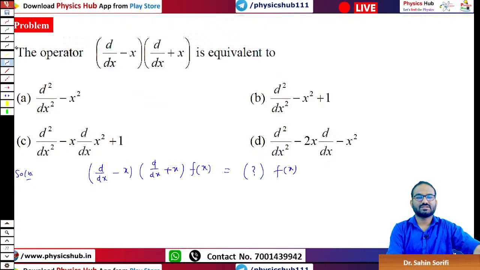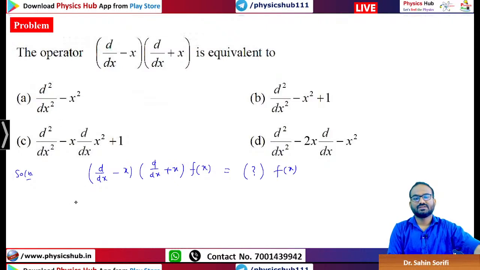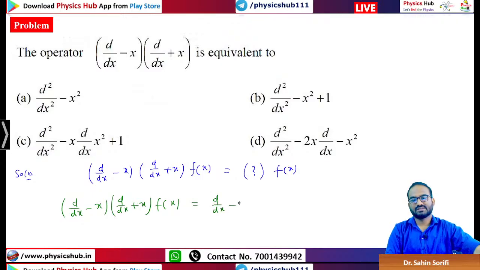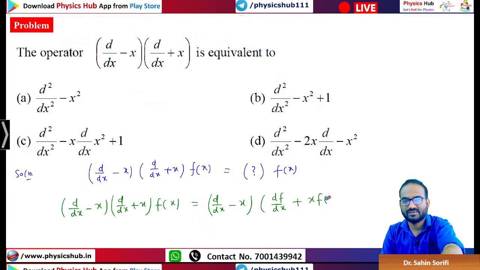Let's start with d/dx minus x times d/dx plus x of f of x. So we can write it as d/dx minus x, d/dx plus x applying on f. So this is df by dx plus x times f. Let's not write f of x every time.